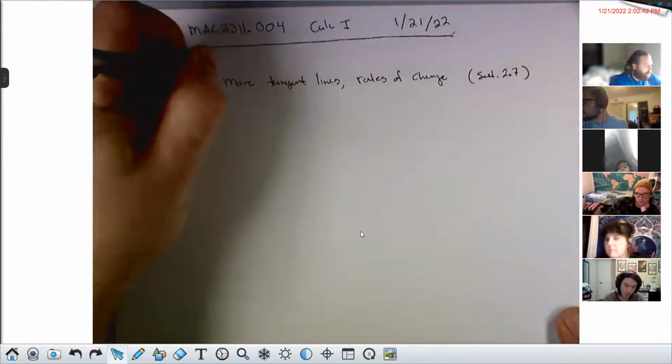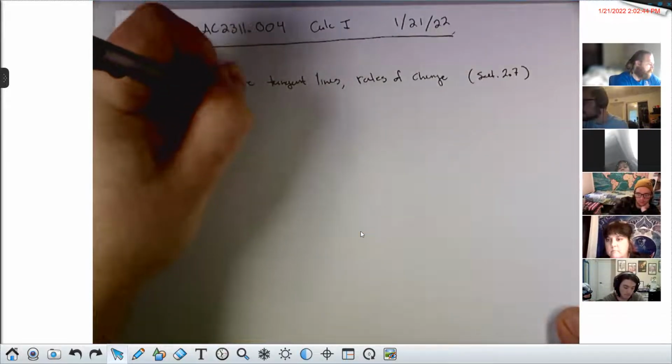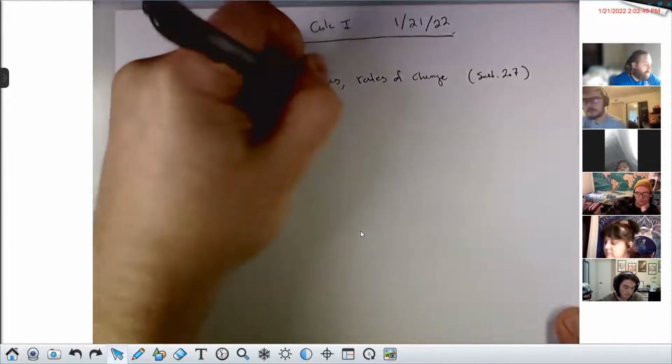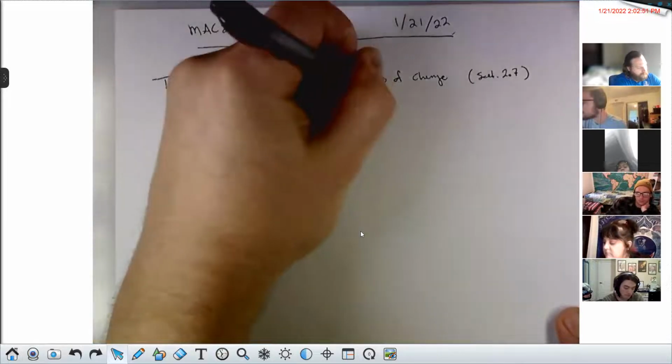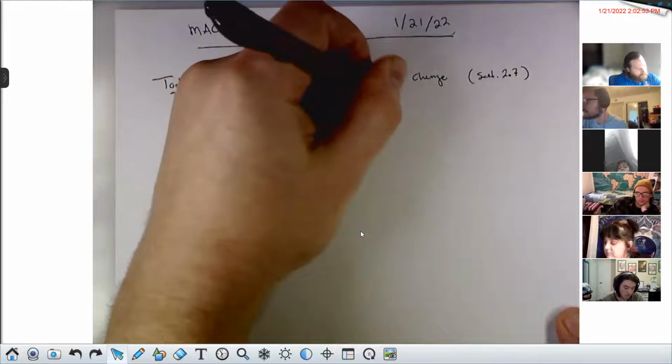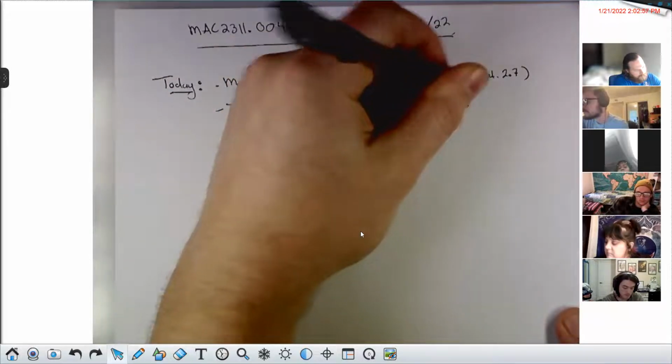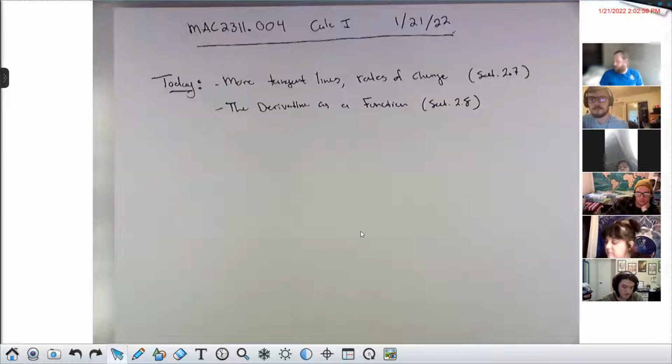And then we're also going to talk about the derivative as a function, which is section 2.8. So these are our final topics for this week.